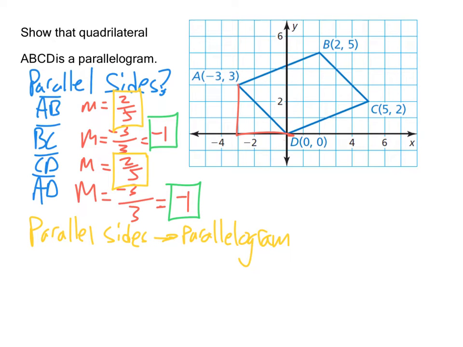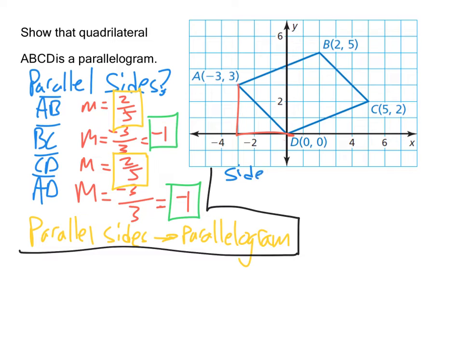Great. Now, let's go ahead and investigate the lengths of the sides. Ooh, how about that? So let's go for side lengths. Well, how do we find side lengths? Well, if it's a horizontal line, we can just count. But these lines are all diagonal.